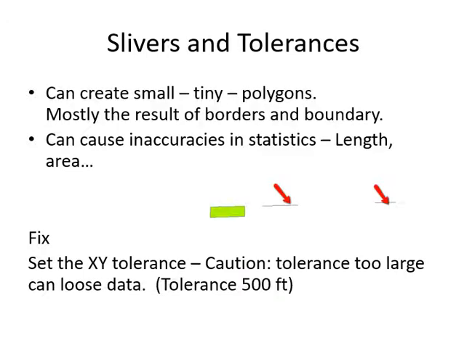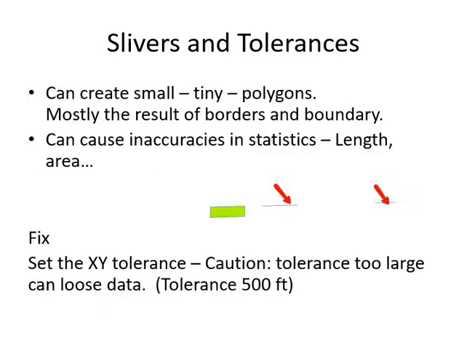One of the concerns with intersects and unions is that you can get these tiny infinitesimal polygons called slivers, and over time, if you get enough slivers and you want to know the perimeter of park areas, all of these slivers actually add quite a bit of inaccurate data to your map.